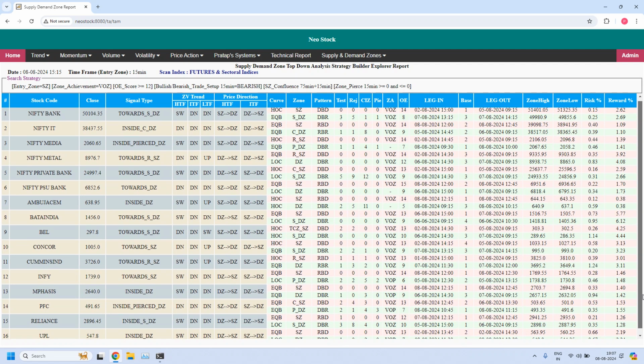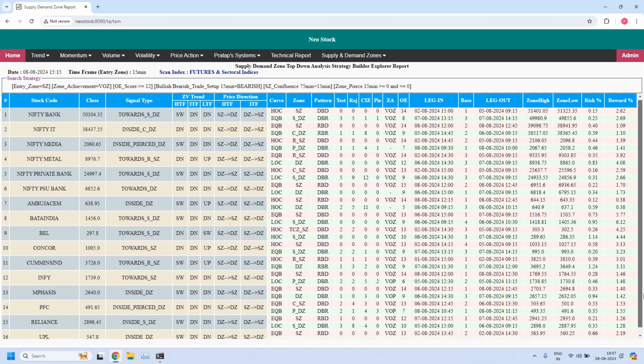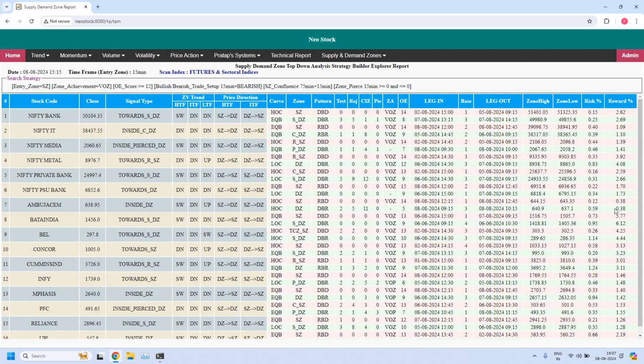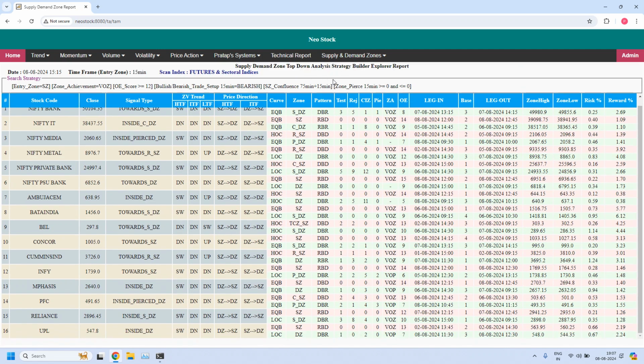All the supply zones. So out of these 16, how many of them again have confluence with the daily time frame, that is 15 minutes, 75 minutes and daily. Let us check.